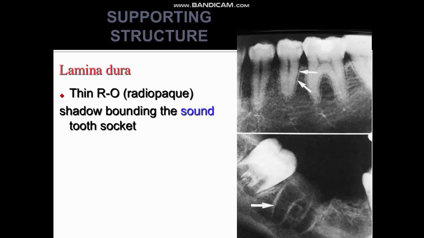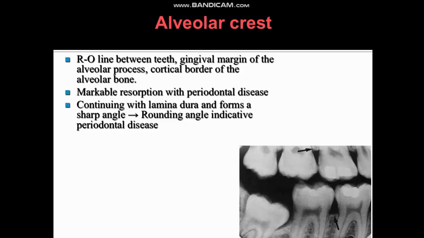First of them is lamina dura. Look carefully, please. Lamina dura is a thin radio-opaque shadow bounding the sound tooth socket. The alveolar crest is a radio-opaque line between the tooth, gingival margin of the alveolar process, and cortical border of the alveolar bone, with marked resorption in periodontal disease.